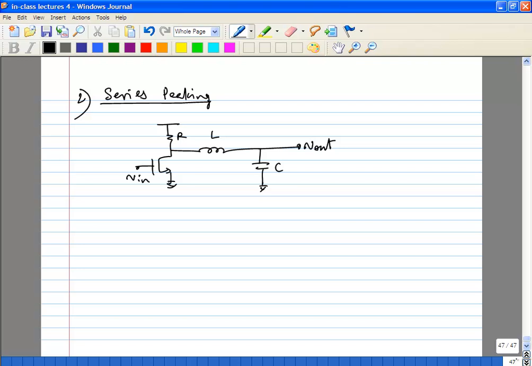The basic idea is, let's say the device drain to bulk capacitance is CdB. What you are effectively doing is this inductor separates out CdB and C. So initially the transistor actually sees a very high bandwidth because the capacitance is reduced, and now it's trying to charge only its own CdB.